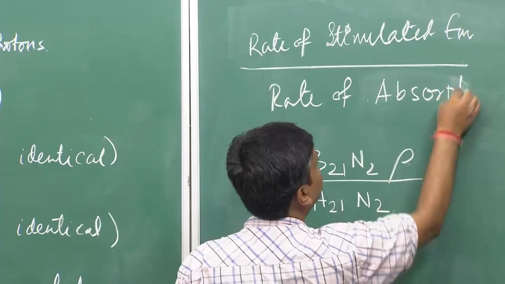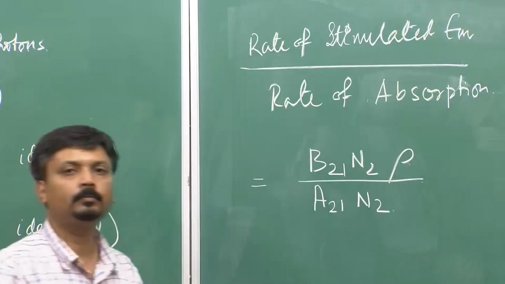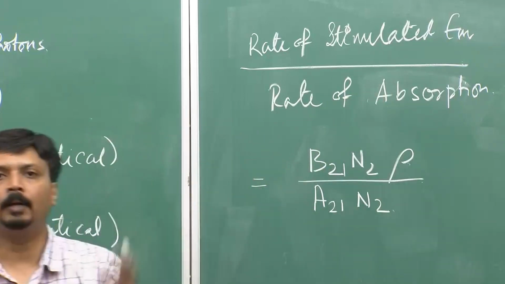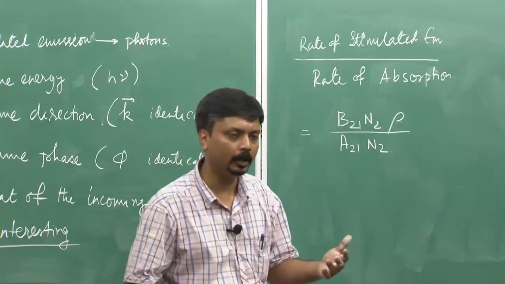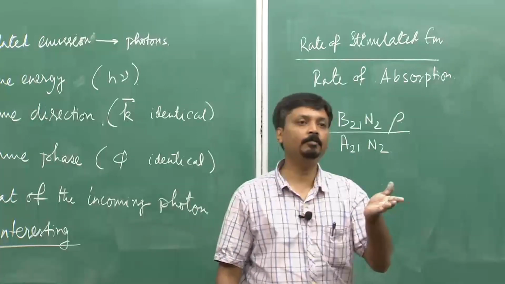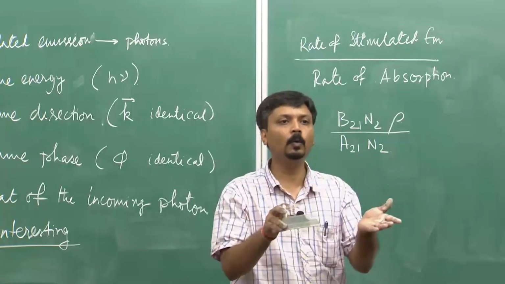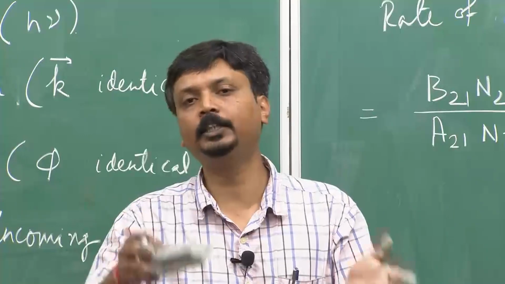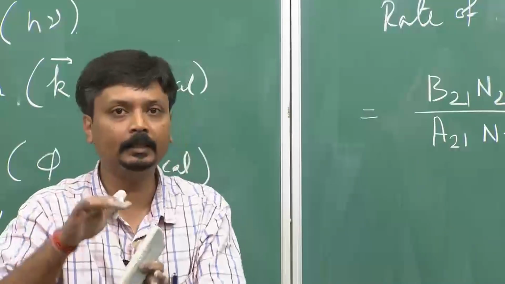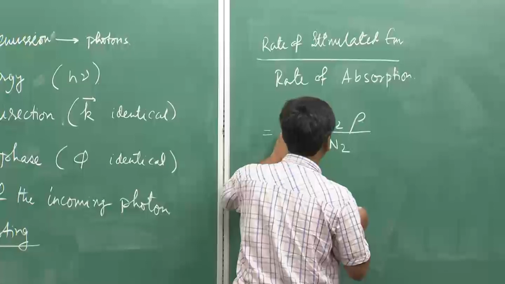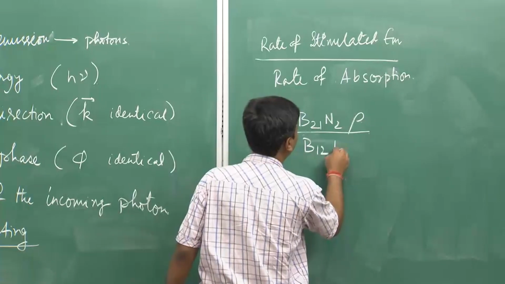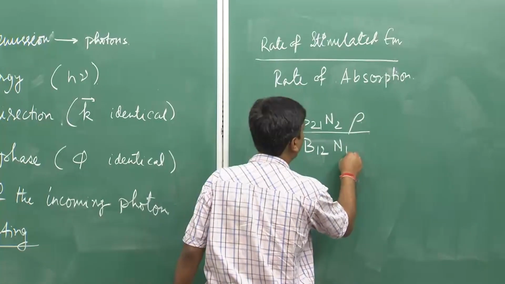Of course, we have to minimize the spontaneous emission, but I also have to do something with this ratio of rate of stimulated emission to that of absorption, because I want to have more stimulated emission, and if absorption and stimulated emission are equal, then I will never be able to achieve the condition of lasing, right. Lasing means when it lases. So, let me correct this one. So, this one is B12 into 1 rho.